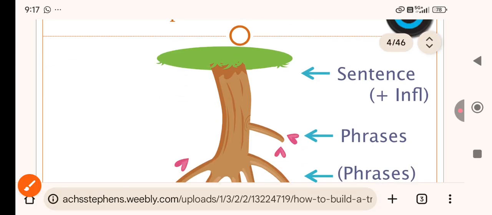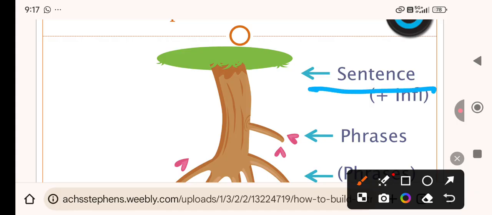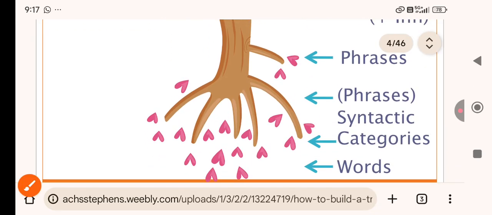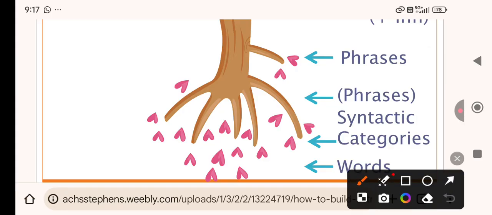So here is the sentence, right? The sentence is divided into phrases. So phrases are different branches, right?